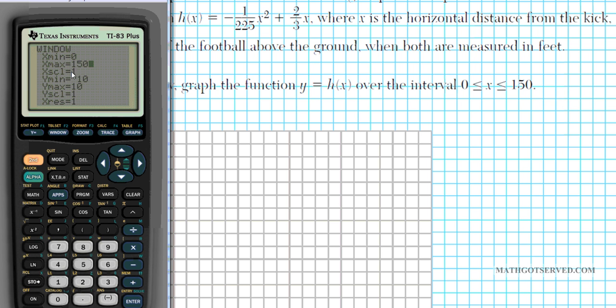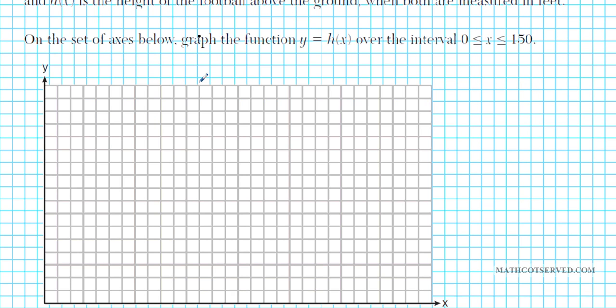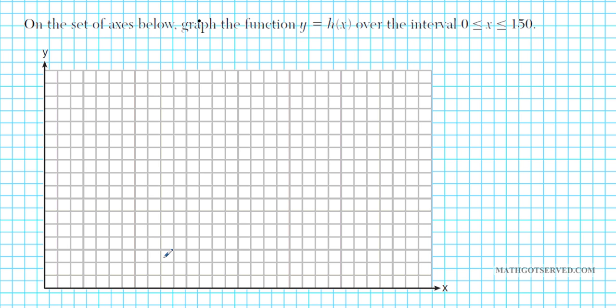Now what's the scale? How should we scale our x-axis? Well, let's take a look at the grid we're given here. Since this is what we're graphing it on, it's good to make sure we take into consideration the format of this grid when we're using our calculator, okay? If you count these tick marks on the x-axis, there are a total of 30.